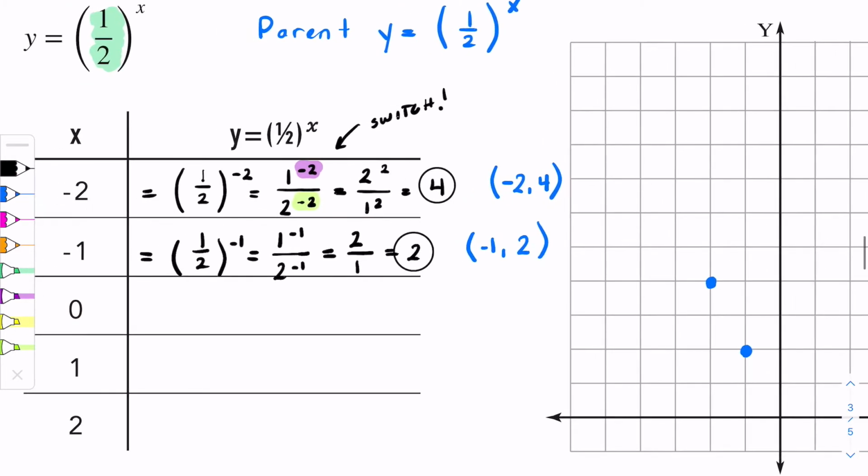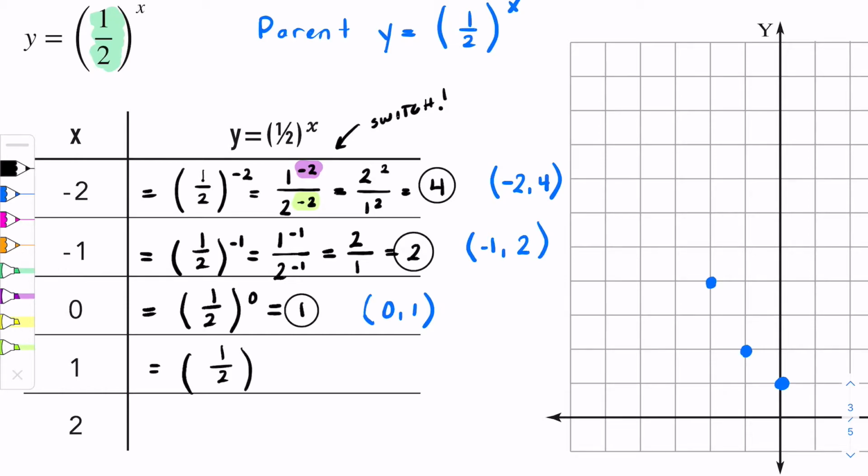Next, we're testing 0. Any number raised to the power of 0 is 1. Ordered pair at 0, 1. When we test an exponent of 1, any number raised to the power of 1 is itself, so 1/2 raised to the power of 1 is 1/2.